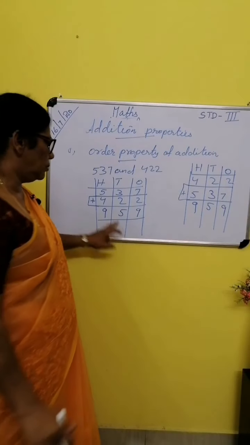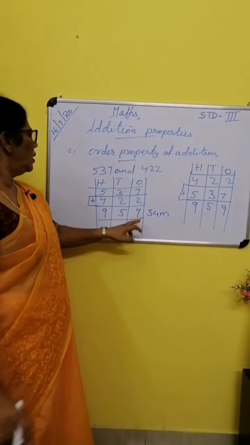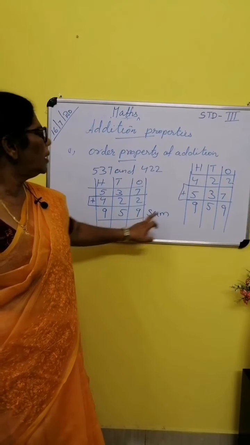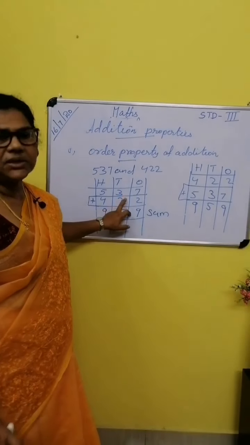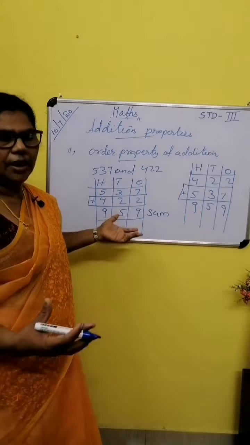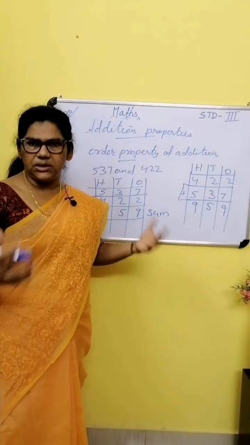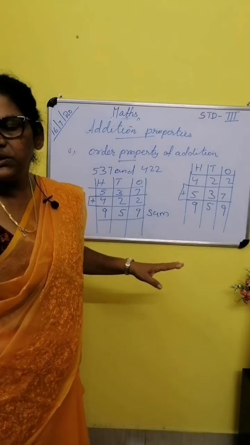The sum is the same. This is called a sum. 959, 959. Only the order of the numbers is changed. That's why even if the order of the numbers is changed, we get the same answer. The sum will be the same.